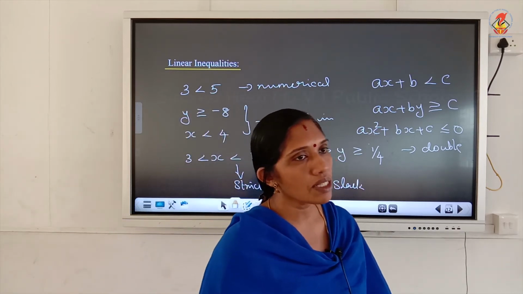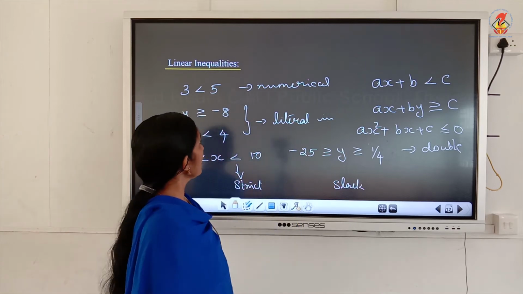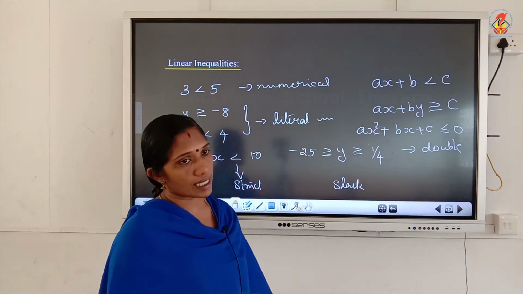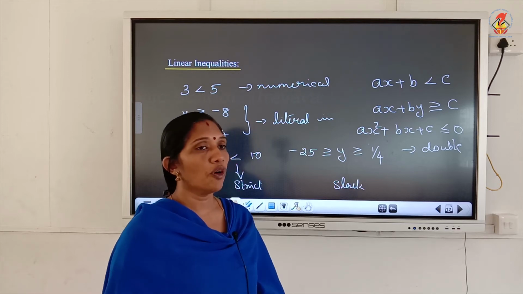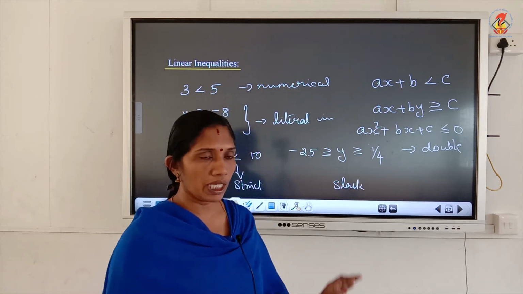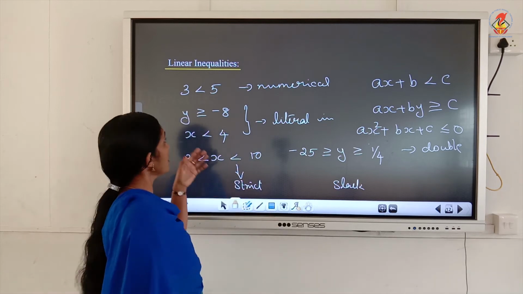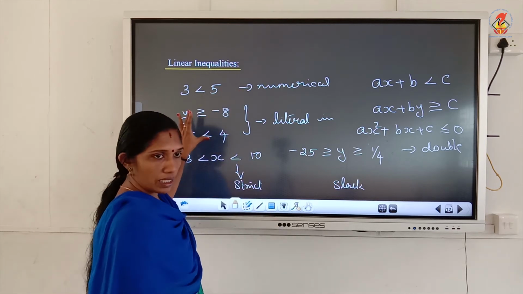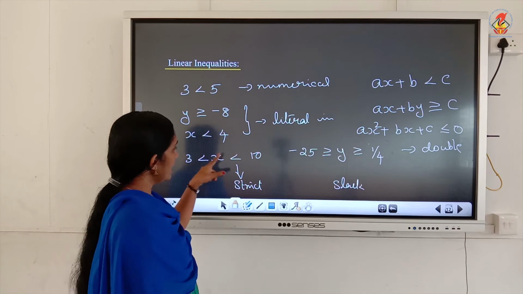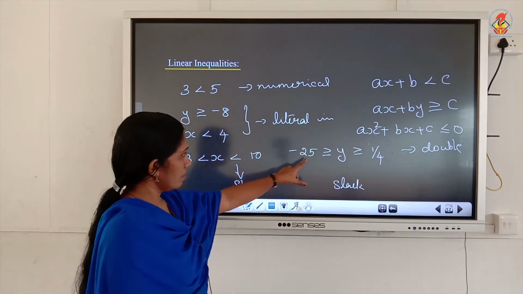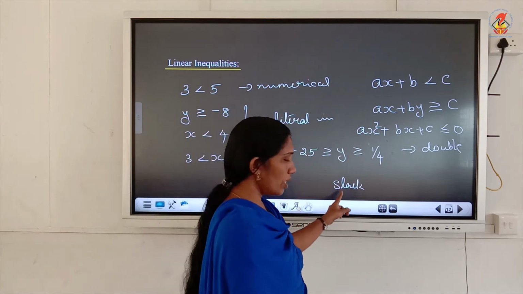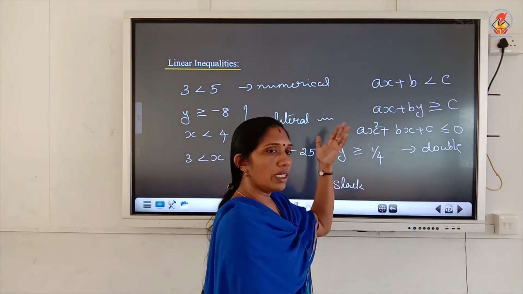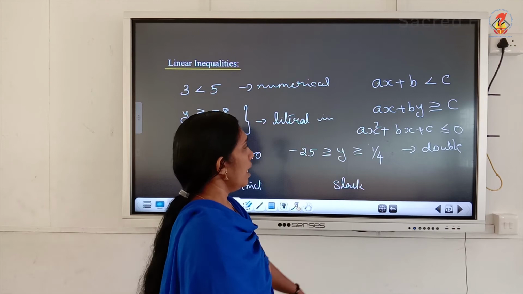Two real numbers or two algebraic expressions related by the symbol less than, greater than, less than or equal, greater than or equal form an inequality. There are different types of inequality: numerical inequality, literal inequality, double inequality, then strict inequality and slack inequality, linear inequality, quadratic inequality.